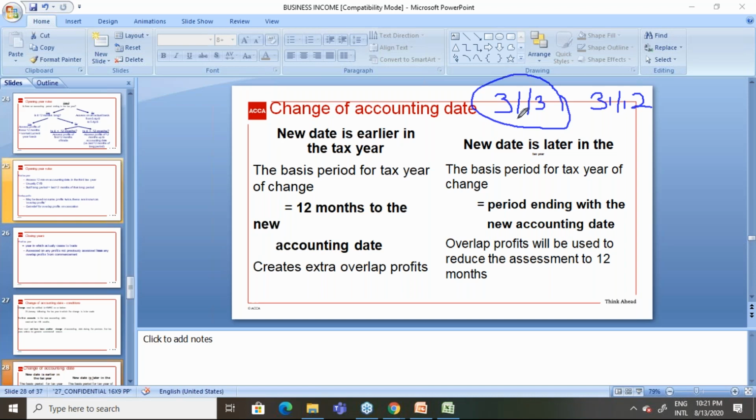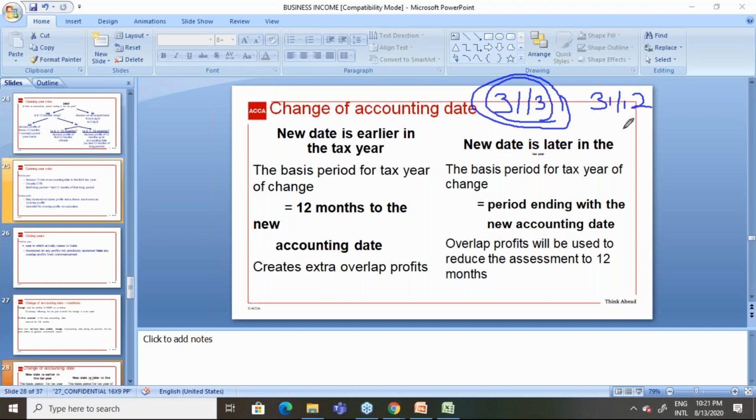Unlike a calendar year, which starts in January, the tax year starts in April, 6th of April. So if you look at the tax calendar, the first month is April. Second month is May, June, July, August. And the last month of the tax calendar is March.